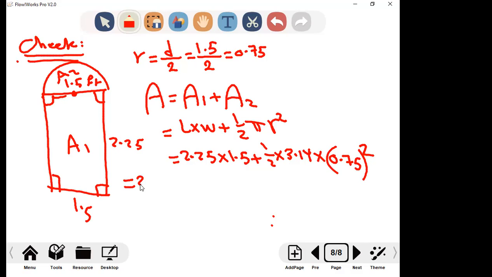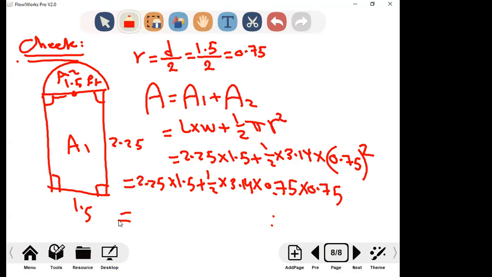This is equal to 2.25 multiplied by 1.5 plus half times 3.14 times 0.75 times 0.75, right? Multiply, add, simplify, simplest form, divide.